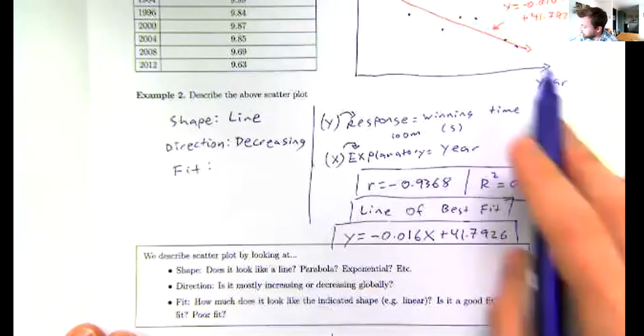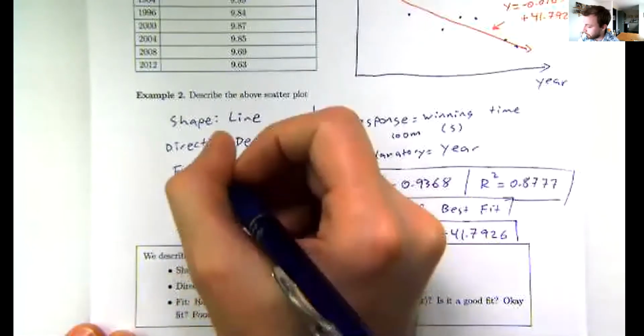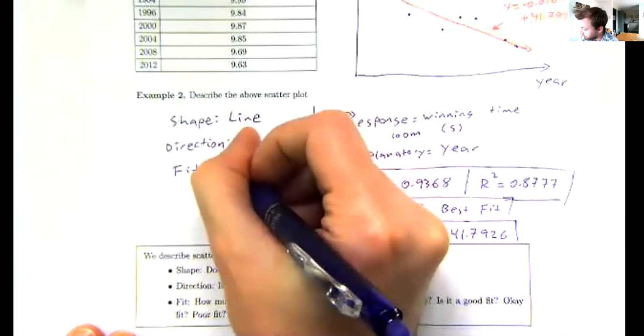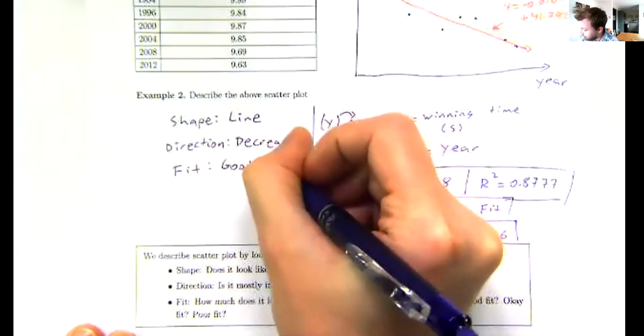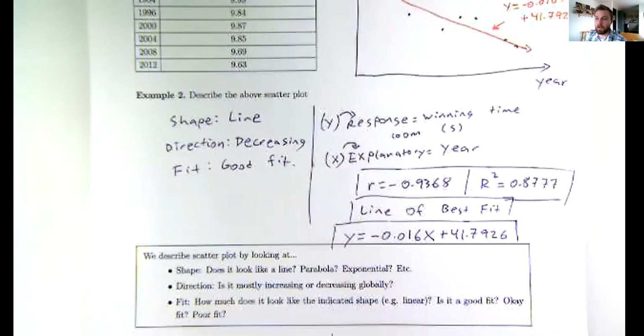And I would say, kind of glancing at this, it looked reasonably close to a line. So I would say that this was a fairly good fit. I didn't have to squint my eyes that much to have that look like a line. If it just looked like a cloud and there was no coherent thing holding that together, I might disagree when it comes to the fit.